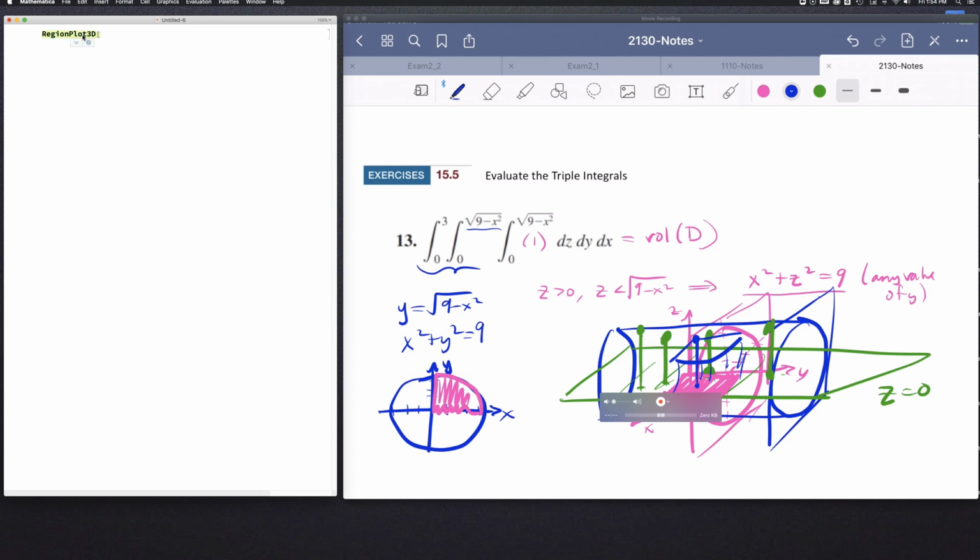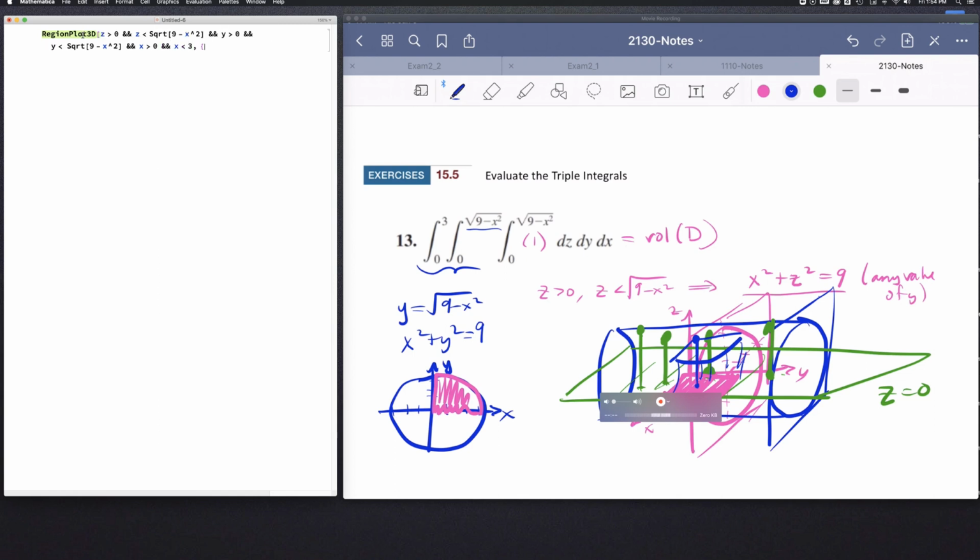So if we look at this region plot and we go from z equals 0, bigger than 0 but less than the cylinder square root of 9 minus x squared, we can take a look at this, and y has to be bigger than 0 but also less than square root of 9 minus x squared, and x has to be bigger than 0 but also less than 3.